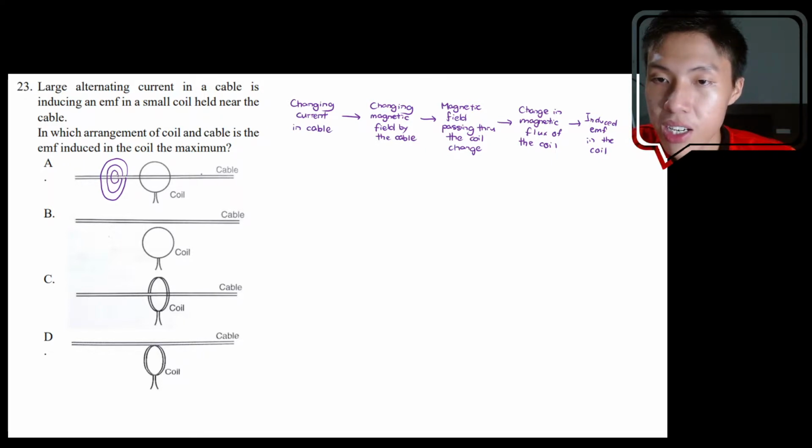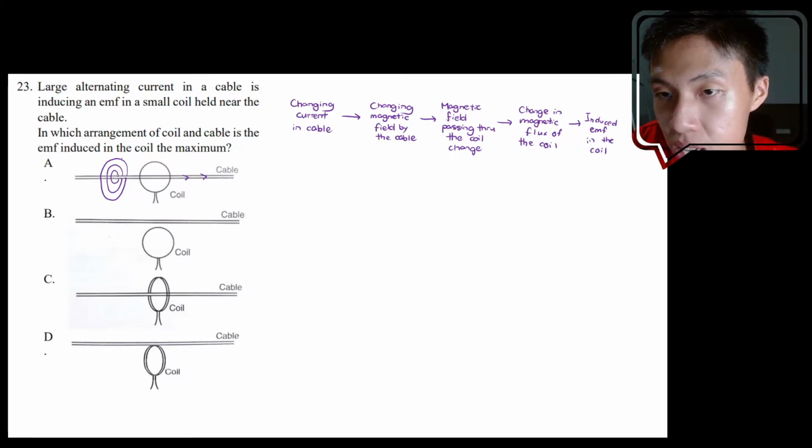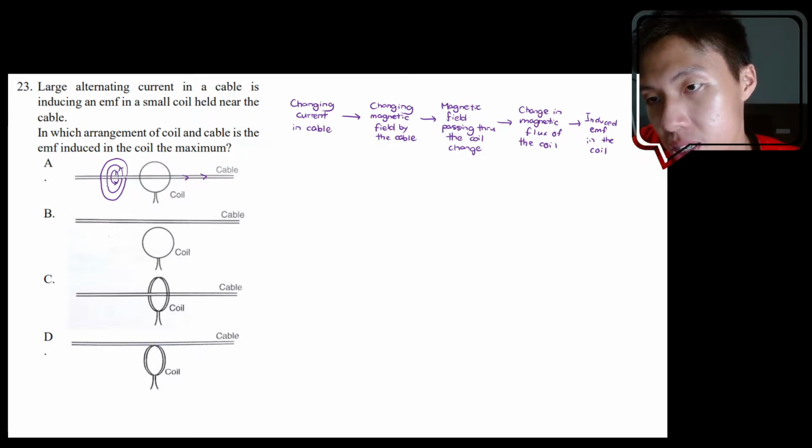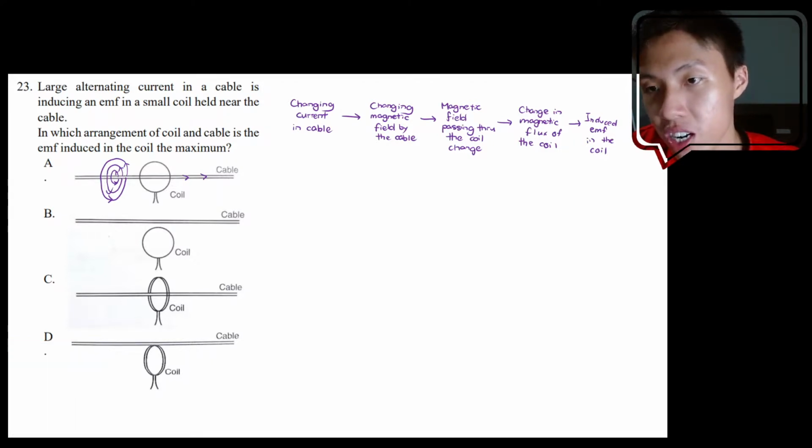If the current is flowing in this way, then your magnetic field will be up, like this. But it's an alternating current, which means the current will change direction. So later when the current flows in this direction, your magnetic field will be changing direction.